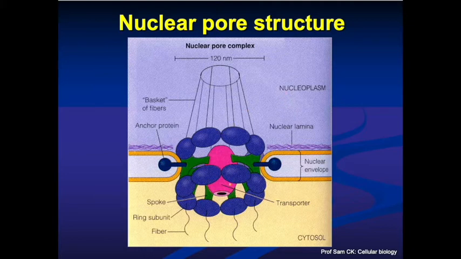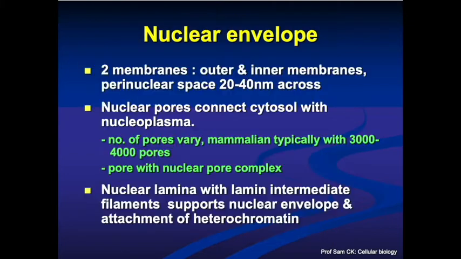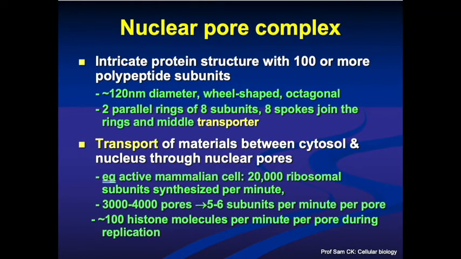Usually, the proteins that will be transported are, for example, ribosomal proteins. In active mammalian cells, around 20,000 ribosomal subunits are synthesized per minute.